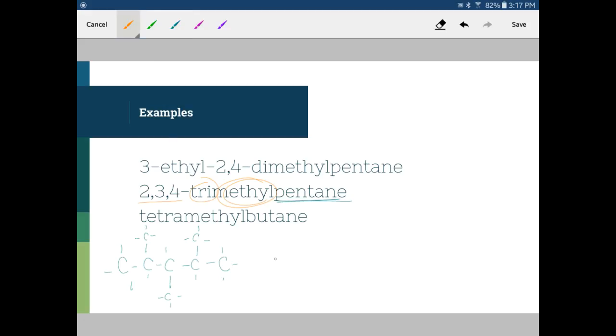If I was to do this as a condensed structural formula, we'll get CH3. Okay, and my line diagram, pentane, 1, 2, 3, 4, 5, and I have trimethyl, something like that.